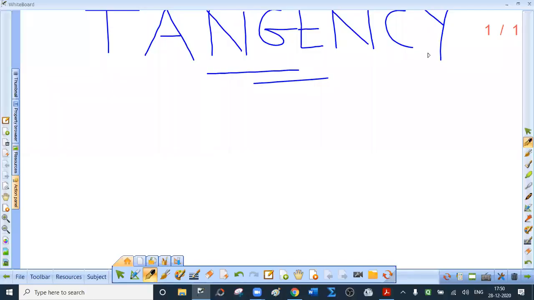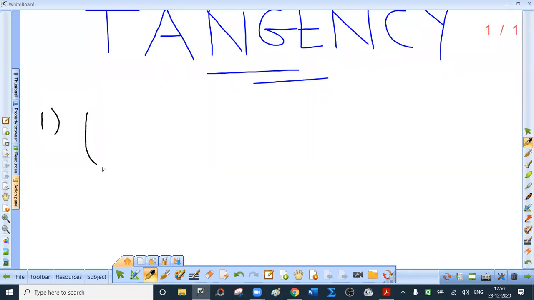So in tangency, we are basically considering 4 points. Number one, equation of tangent to the curve at a point on the curve. Actually, when I say equation of tangent, I need not say at a point on the curve. Why? Because when I say tangent, the point has to lie on the curve.